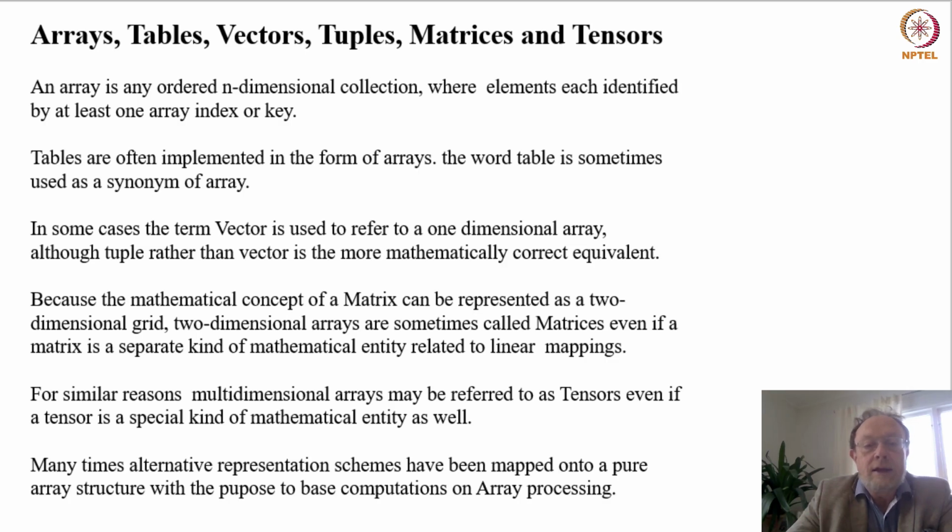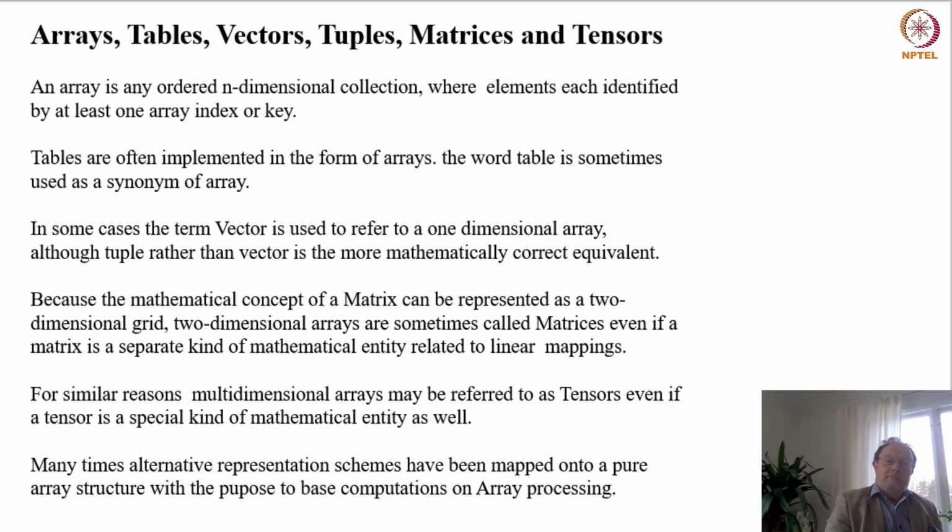And finally, there is a third concept that occurs in the machine learning literature. It is the word tensor. Tensor is also a special kind of mathematical entity, but you may decide to talk about multidimensional arrays, 3, 4, 5 dimension arrays, as tensors.